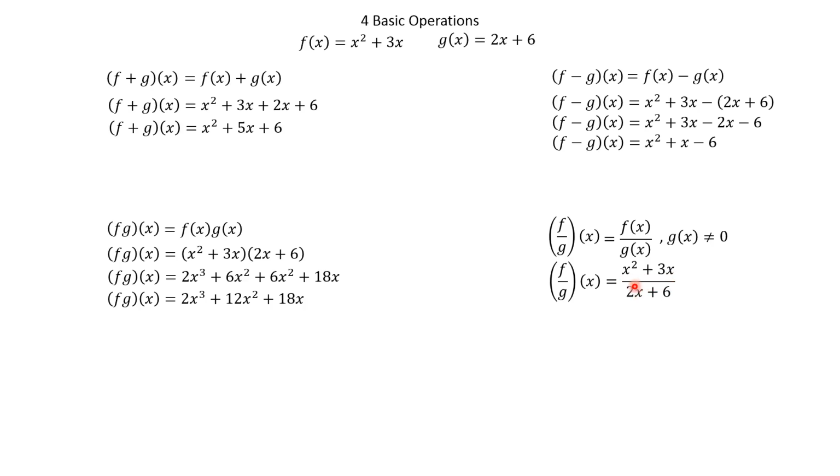Hey, we can take an x out of each of those to get x times x plus 3. The denominator, we can take a 2 out of each of them to get 2 times x plus 3. So we end up with that. Hey, x plus 3 over x plus 3, that cancels. So we get x over 2. But the denominator can't equal 0, which would be x plus 3 can't equal 0, so x can't equal negative 3. So it equals x over 2, and x can't equal negative 3.